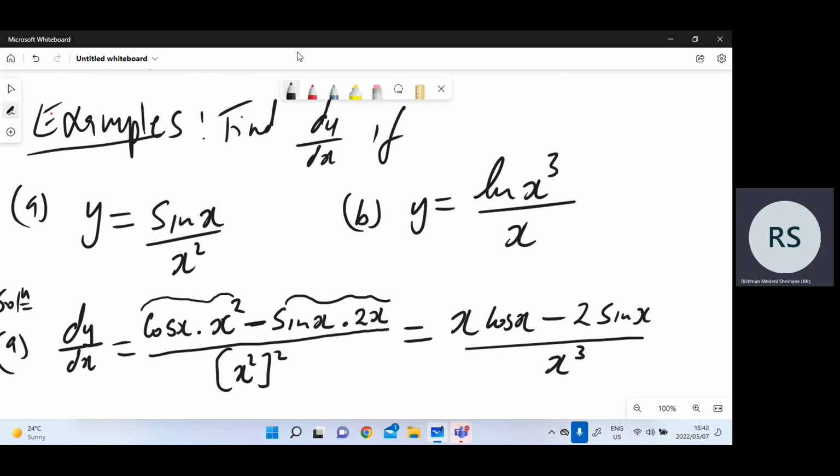Here, I know I apply the quotient rule if I have a function over a function, but I always convert everything into the product rule.